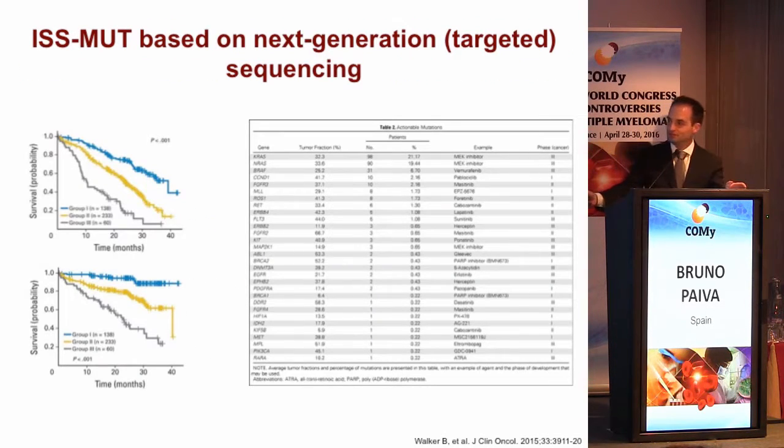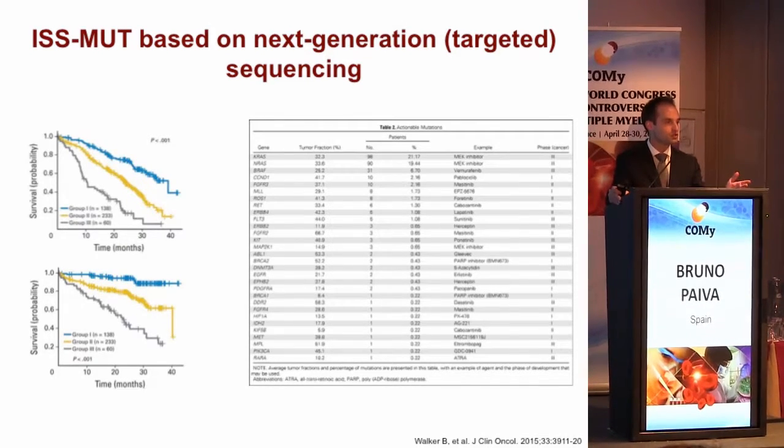And it's quite interesting because in the same issue of the JCO, Brian Walker and his colleagues have also published on an alternative approach for the ISS based on the inclusion of mutations.